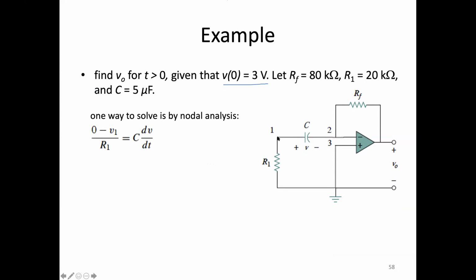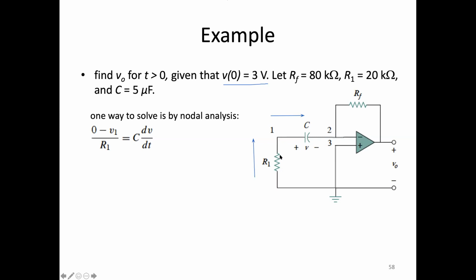So let's do nodal analysis at node number 1 and node number 2, actually. So at node number 1, basically we have that this current is equal to this current, right? The current flowing into node 1 has to equal the current flowing out of node 1.